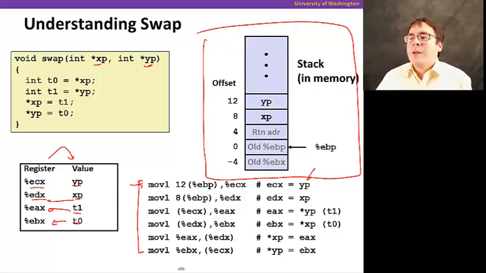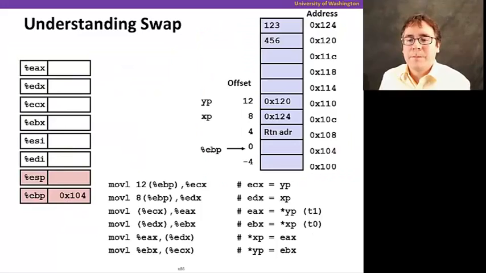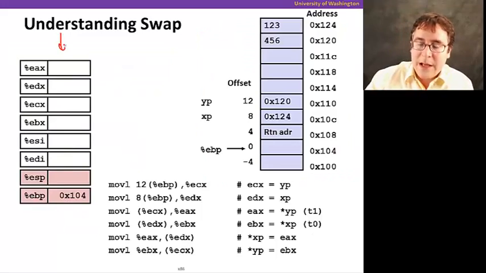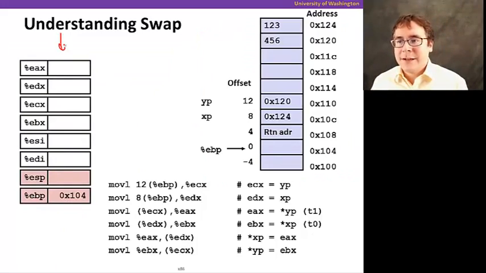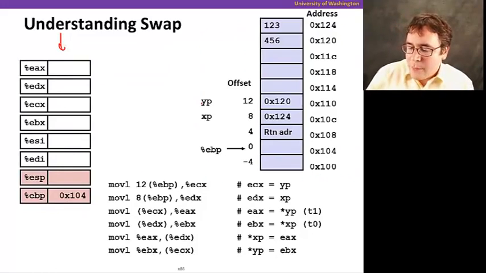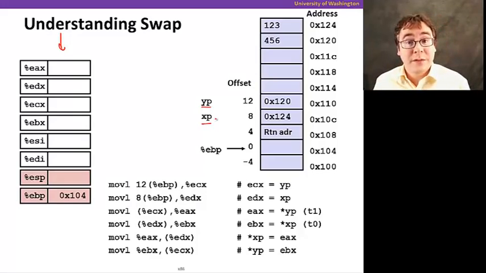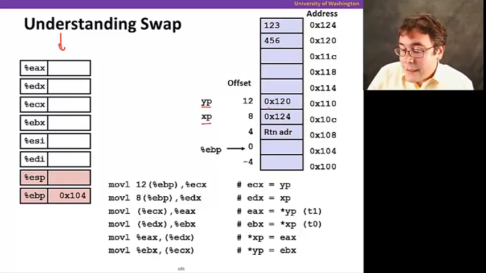Now we are ready to see how this gets executed step by step. That's our registers when we begin executing, and recall that both YP and XP are addresses, right? They're pointers, so they're variables that hold addresses.